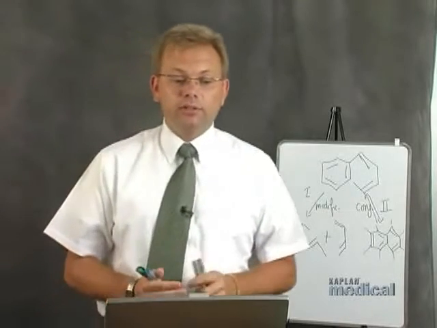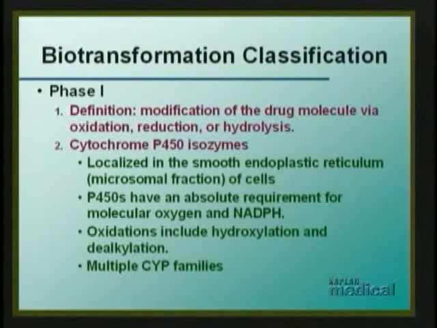If we go back to the syllabus, let's define first phase 1 type of reactions. By definition, we say here in words, you now saw it on a diagram, that it's a modification of the drug molecule. And the type of organic reactions that would modify drug structures are oxidation, reduction, or hydrolysis. Rest assured, we don't need to become chemists again to understand what the boards are after here.